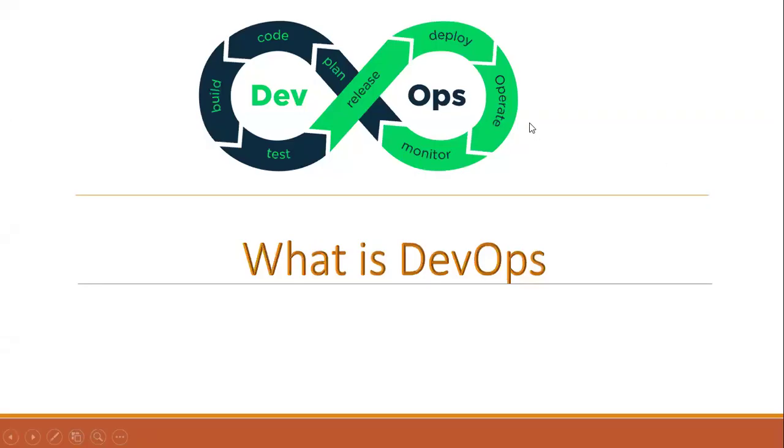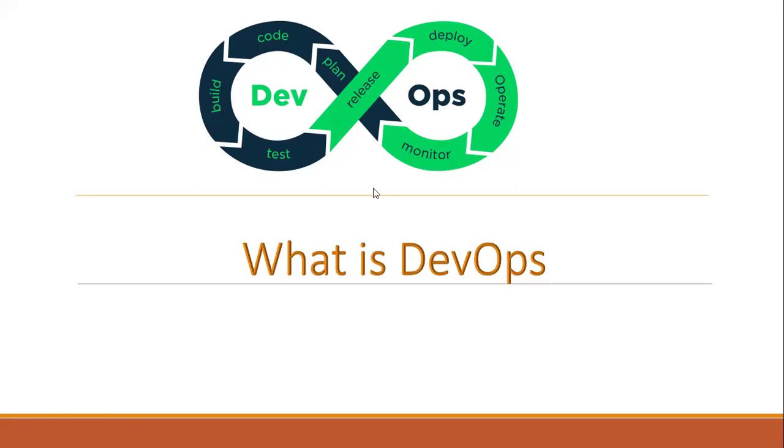So what is DevOps? If you check the left hand side of the image, you can see that the left hand side stands for SDLC, and the right hand side stands for operation. SDLC plus operation.